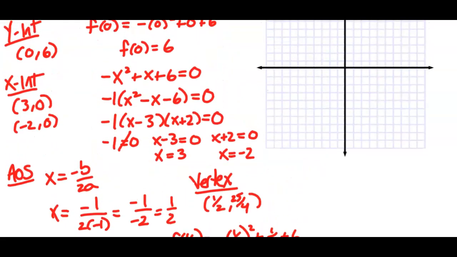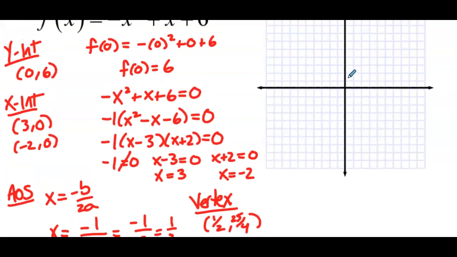So we can plot all the points that we found so far. So we have 0, 6, 1, 2, 3, 4, 5, 6, 3, 0, negative 2, 0, and then 1/2, 25 over 4. So 24 over 4 is 6.